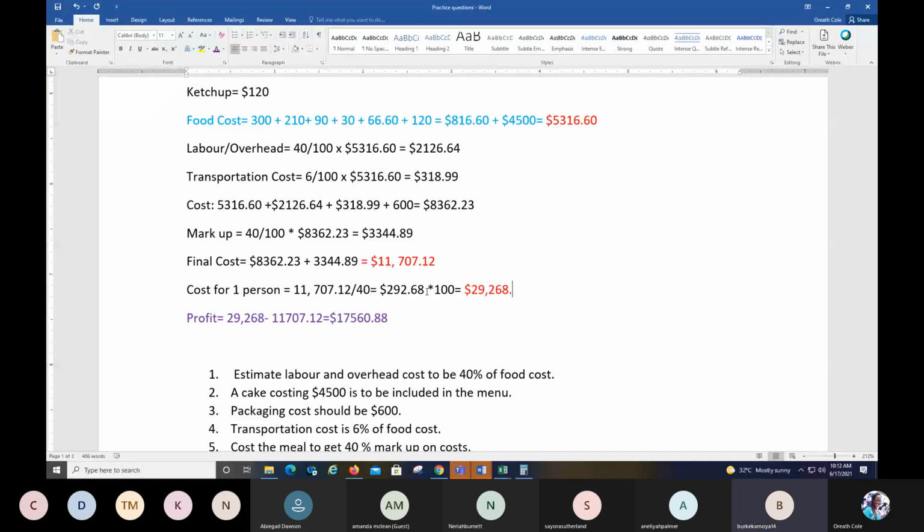I'm not saying it is wrong because there is more than one way to calculate, but I am doing it step by step. So if you think another way, because everybody's brain thinks differently, you can work it out that way as well.